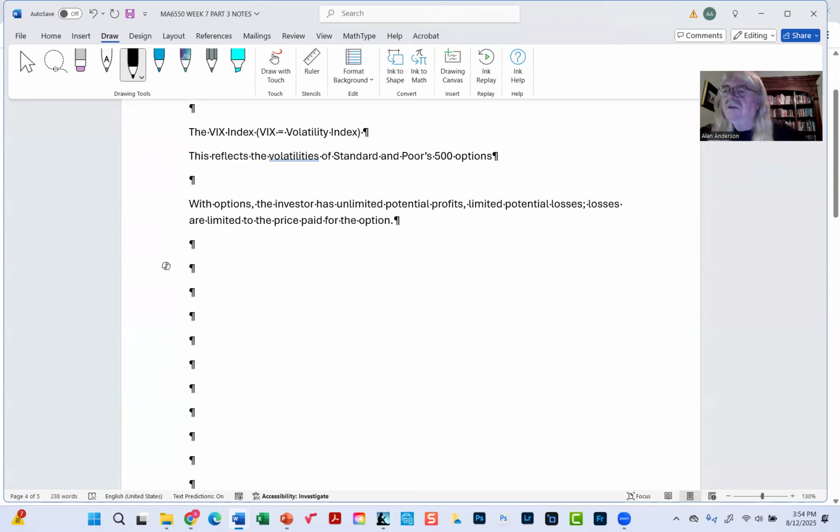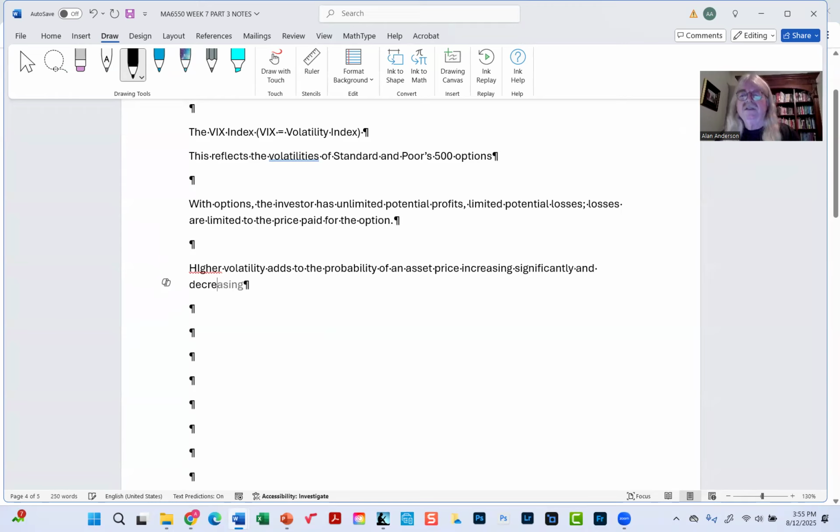So let's put it this way. Higher volatility adds to the probability of an asset price increasing significantly and decreasing significantly.